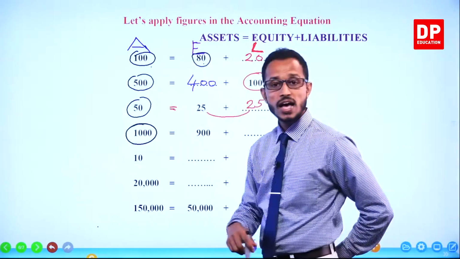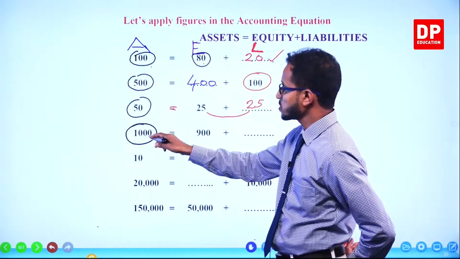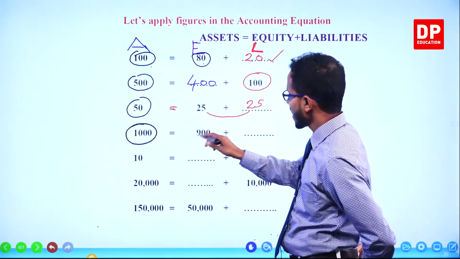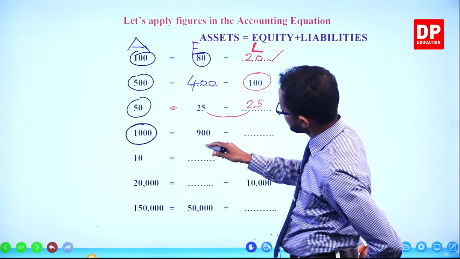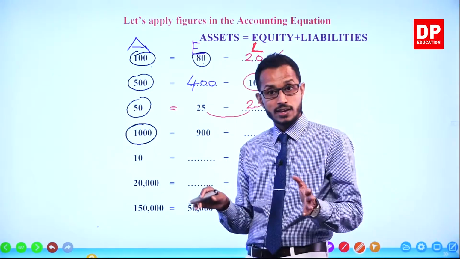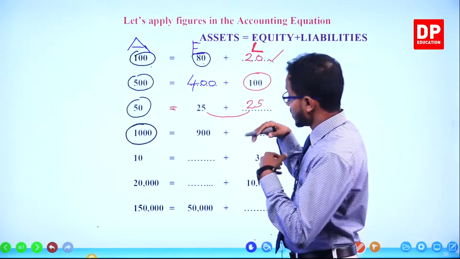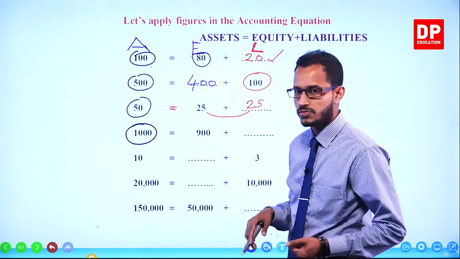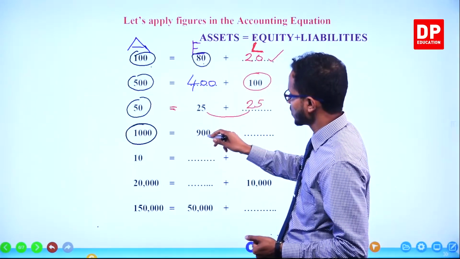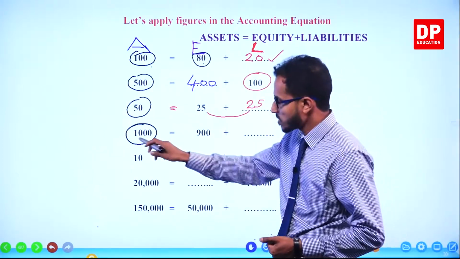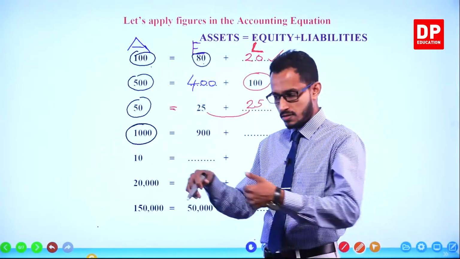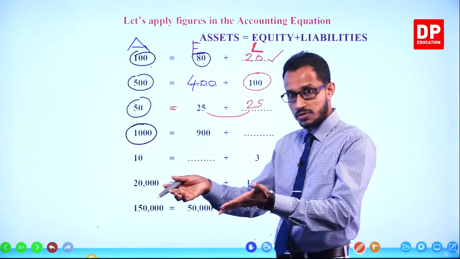1,000 worth of assets are in a business. Out of that 1,000 worth of assets, 900 itself is invested by the owner.